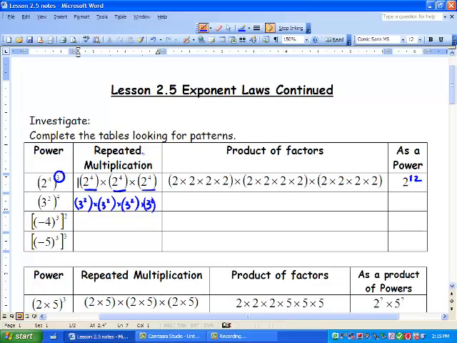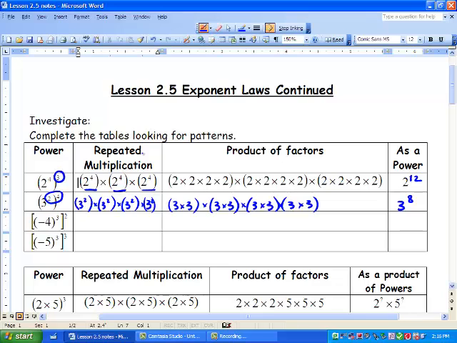If we wrote it as a product of factors, we've got 3 times 3, and 3 times 3, 3 times 3, and then another 3 times 3. How many 3's do we have altogether? If we count those up, we have 3 to the exponent of 8. And if we multiply 2 times 4, we get 8.